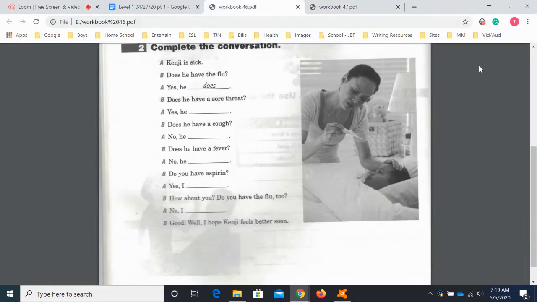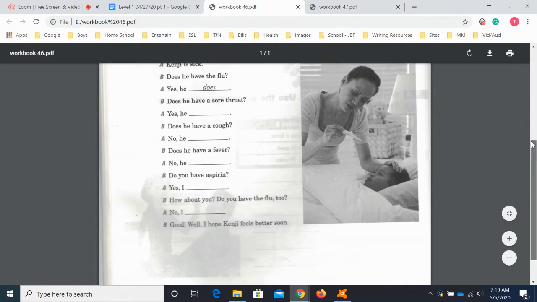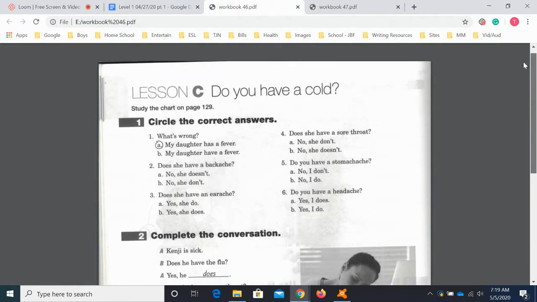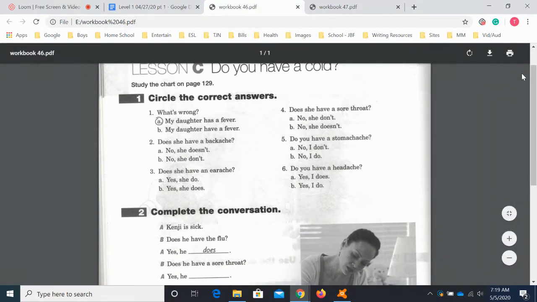Let's see, we are now on page 46 of our workbook. On page 46, you see right here, it says study the chart on page 129.